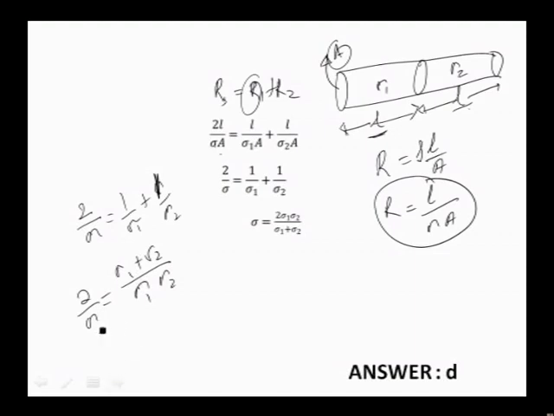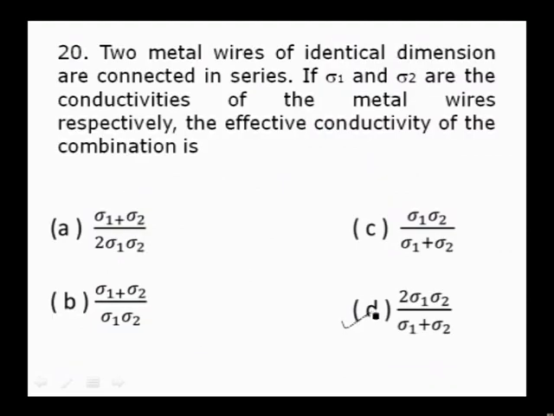We want the value of sigma: sigma is equal to 2 sigma 1 sigma 2 divided by (sigma 1 plus sigma 2). Therefore, for the given problem, the correct option is D.